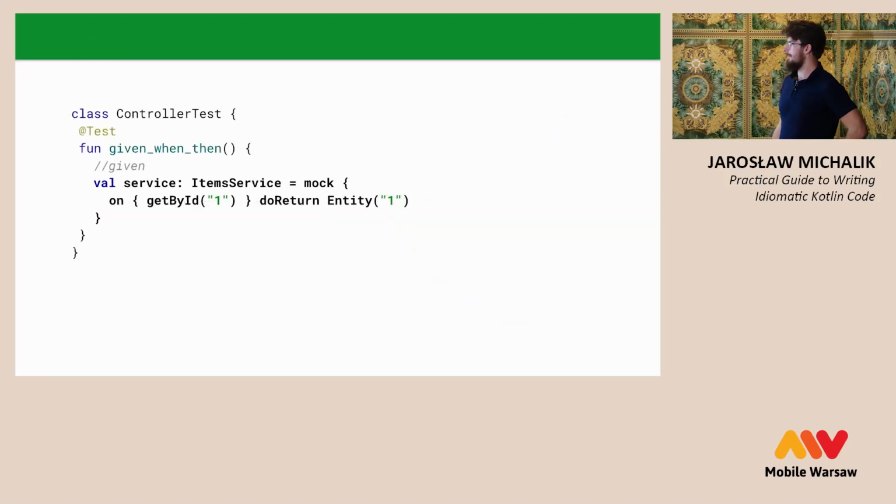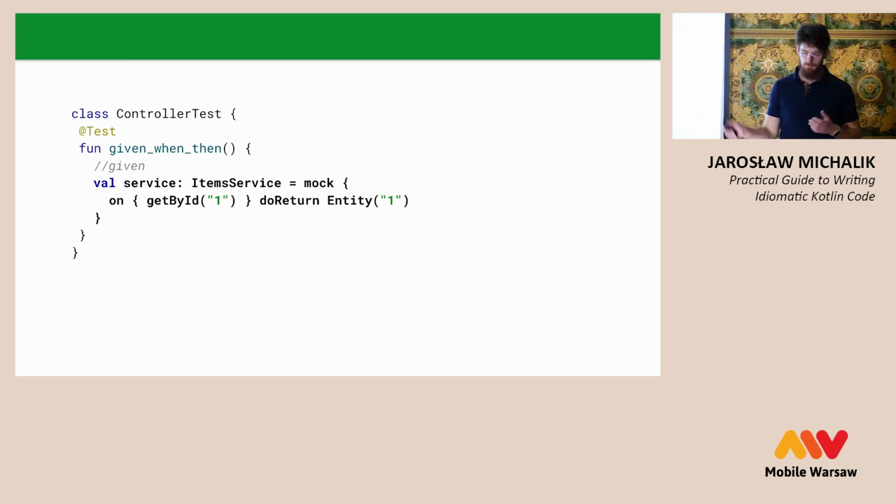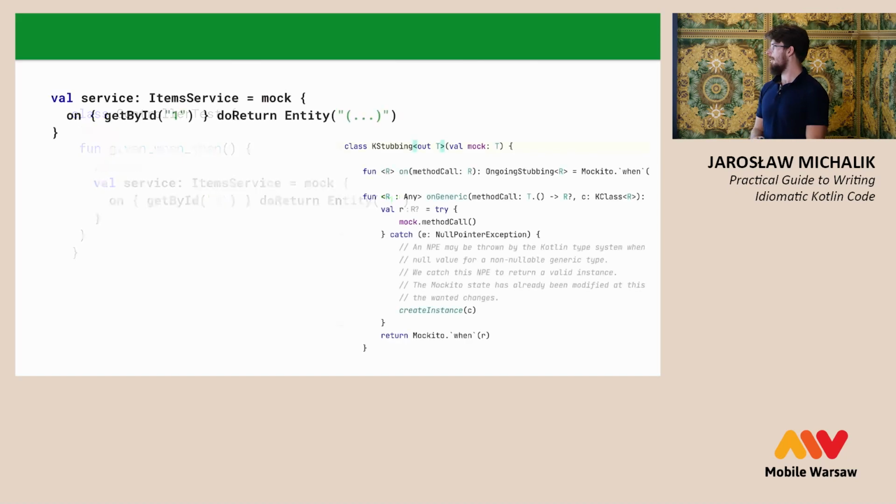Okay, and next thing. Instead of writing Mockito when, do something, then something else, we can use, again, a domain-specific language, which comes in Mockito Kotlin and also in MockK, a great library. So our stub definition now becomes this lambda with mock and another lambda with on some function call. What should you do? Return that kind of entity.